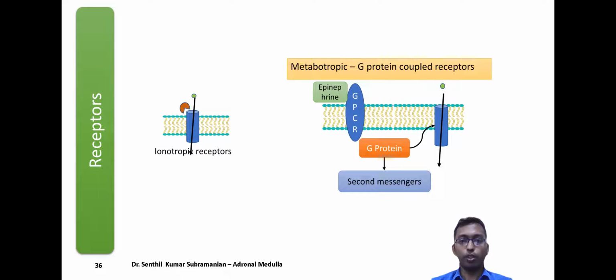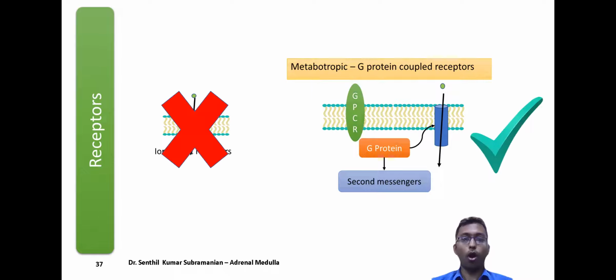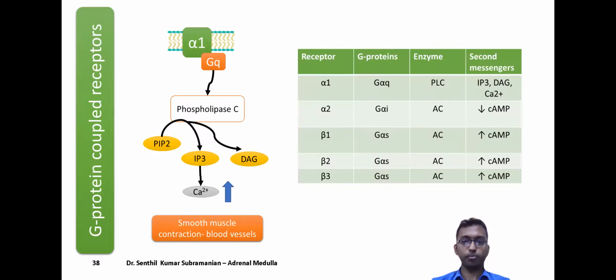They have a G protein attached to them. On stimulation, a G protein may activate an ion channel, or it activates second messengers to bring about the physiological actions of catecholamines. Hence, all adrenoreceptors are metabotropic G protein coupled receptors. Let us take an example of alpha 1.